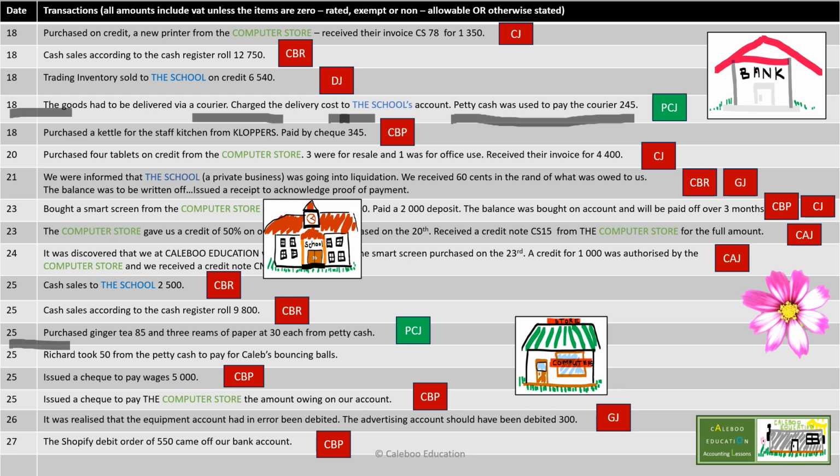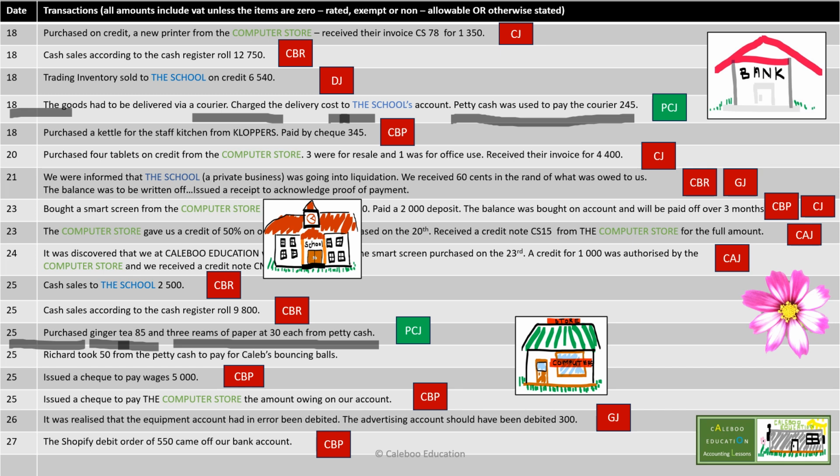Then on the 25th, purchased ginger tea, 85, and 3 reams of paper at 30 Rand each. So we're going to have to calculate how much petty cash was used, and record that in the petty cash journal. And this ginger tea will most probably be used for the staff.